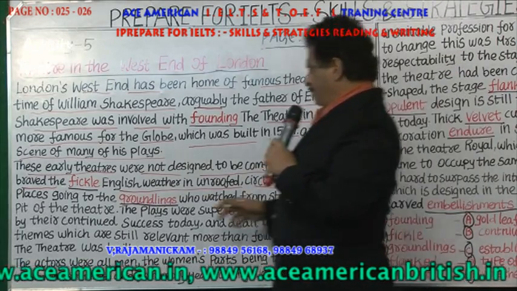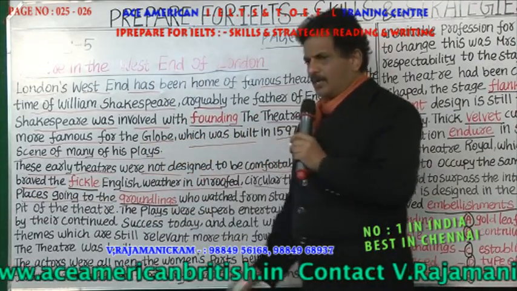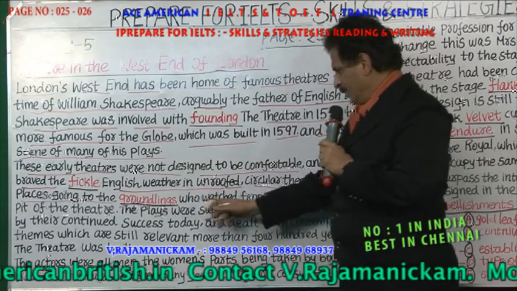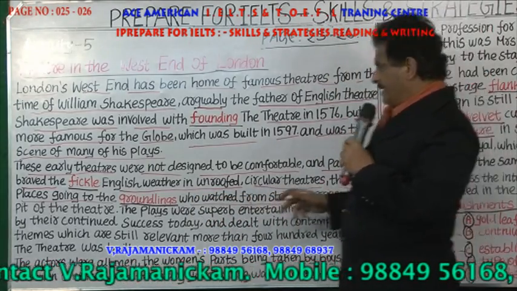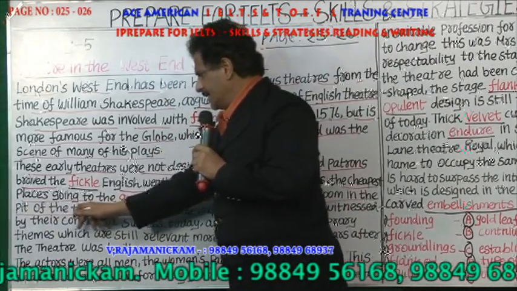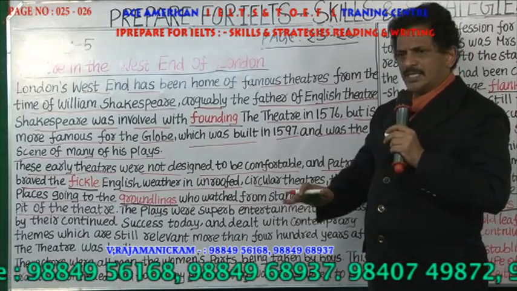The cheapest places went to the groundlings. What do you mean by groundlings? People who watched from standing room in the pit of the theatre. So the people used to stand and watch, or sit and watch.